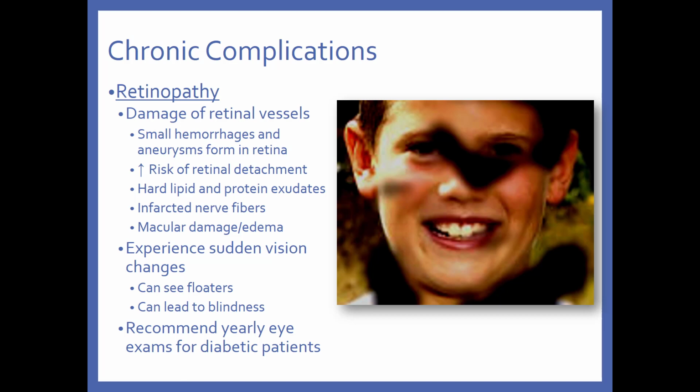So we need to recommend to our diabetic patients that they get a yearly eye exam, so that way we can catch any early changes in their vision and catch those warning signs, so that way we can slow the progression of the retinopathy.